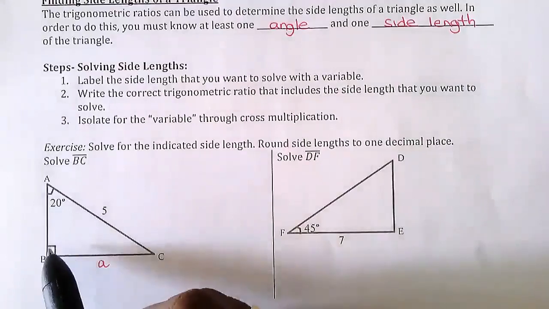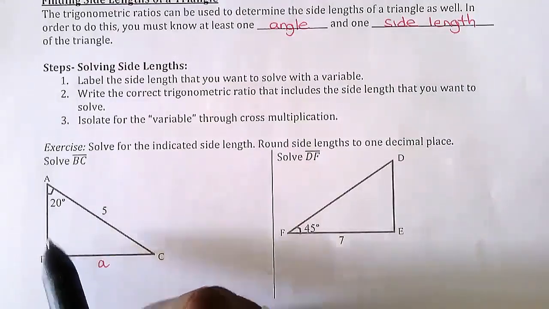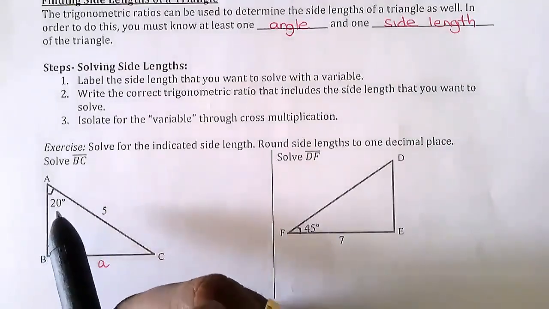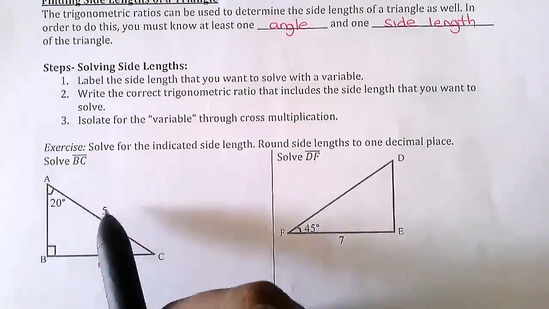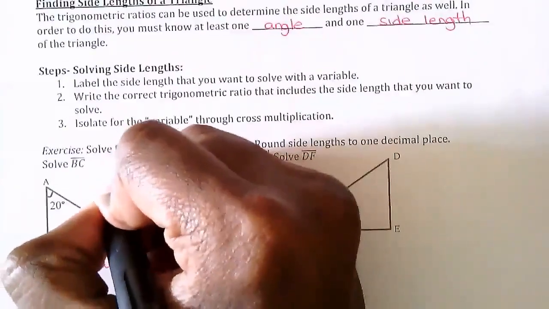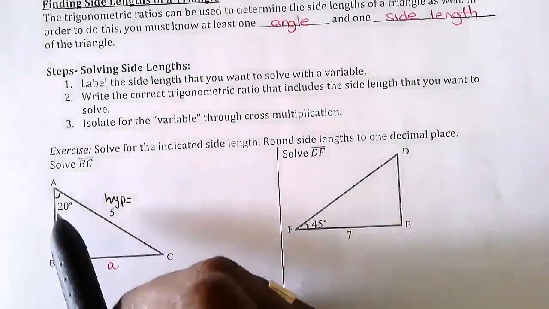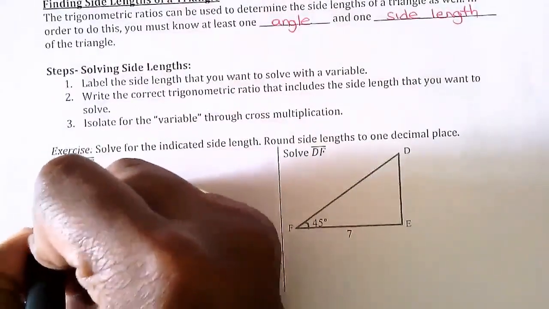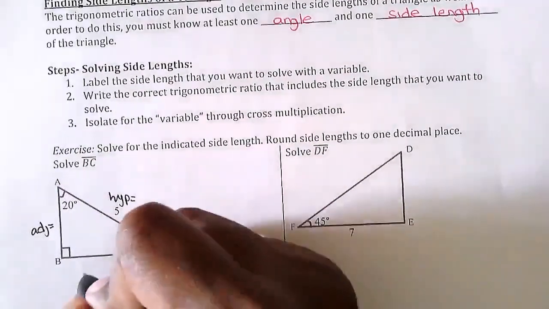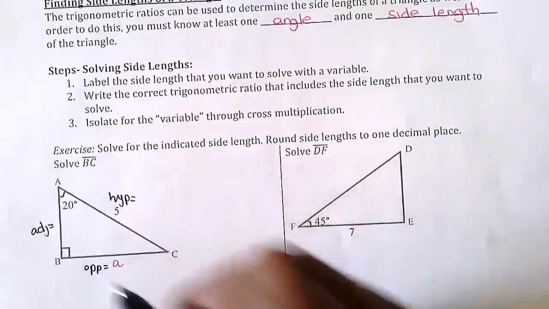We know it's a 90-degree angle, so this is a right triangle. We can label our opposite, adjacent, and hypotenuse. So the hypotenuse would be here, the side opposite of the 90-degree angle. Here's our angle of interest, so this side is our adjacent, and this side is our opposite.